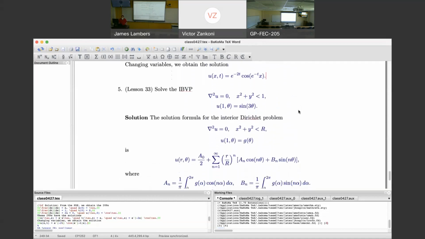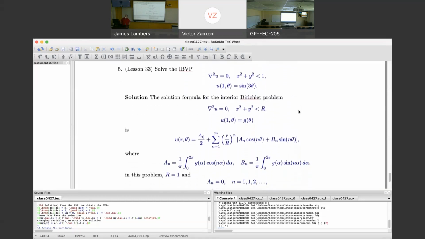All right, the newer stuff. This is an interior Dirichlet problem, Laplace's equation. Here we're solving on the unit disk. So on the unit circle, the boundary, where r is equal to 1, you have the, sorry, not initial condition, boundary condition, sine 3 theta.